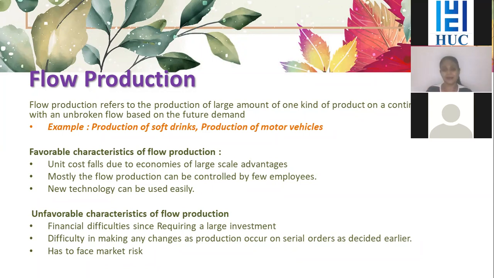So that kind of production method we call flow production. So favorable characteristics are they have very large economies of scale. I will explain what is that, right? And also these employees are very unskilled, right? Employees are very unskilled because those employees are doing only one task.